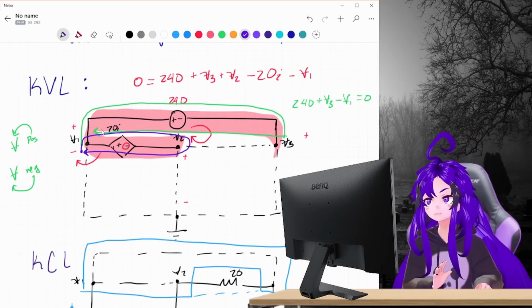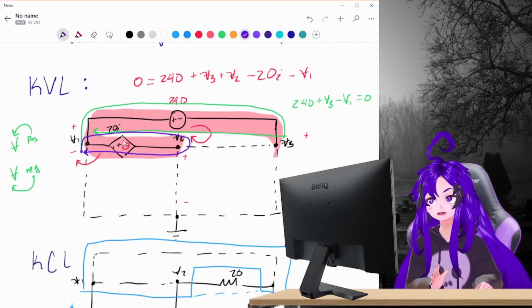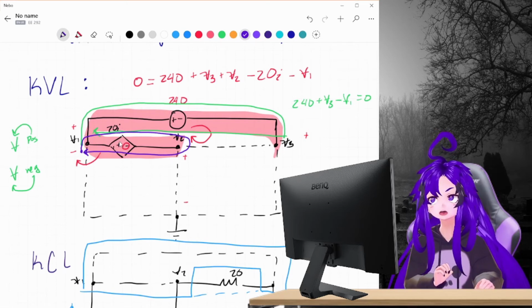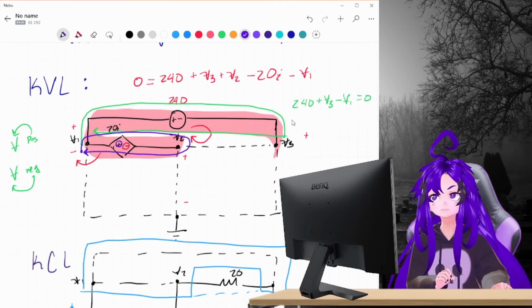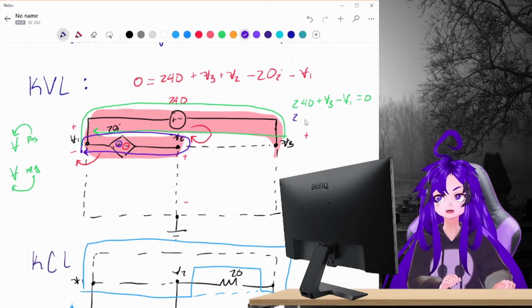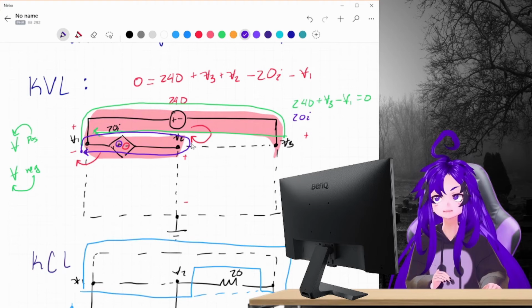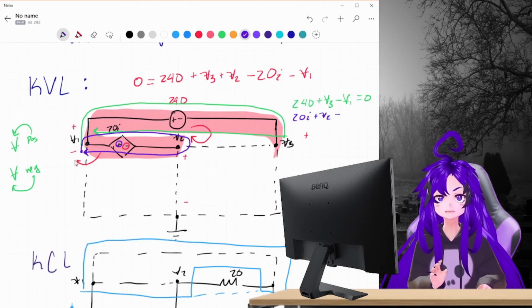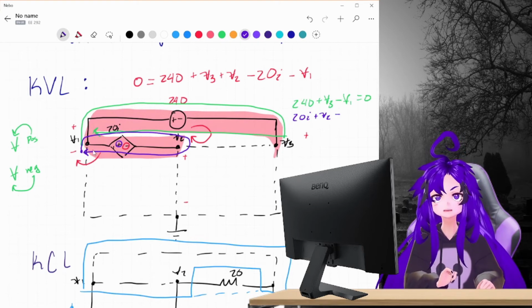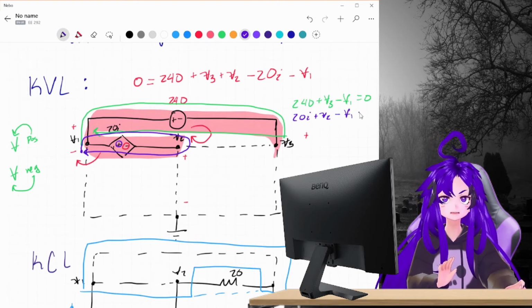Okay, so anyway, we're going to start here. We're going to come into the positive terminal of this 20i. So we're going to have positive 20i. We're going to come into the positive terminal of V2, so plus V2. And then we're going to come into the negative terminal of V1. V1 equals 0.